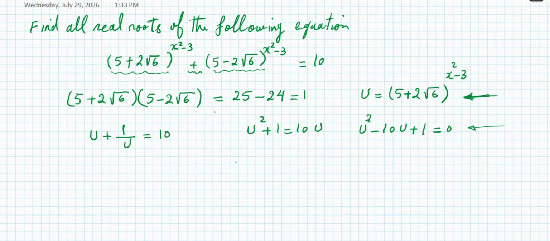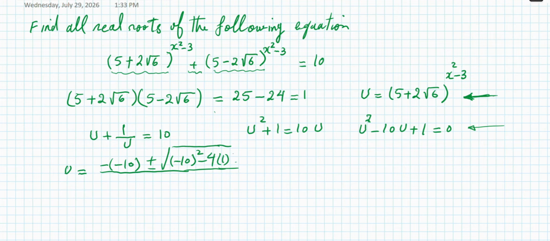So here we have u as minus b, which is minus minus 10, plus or minus the square root of b squared, which is minus 10 squared, minus 4ac, divided by 2a. In other words, here we have constant a as 1, b is minus 10, and c is also 1.